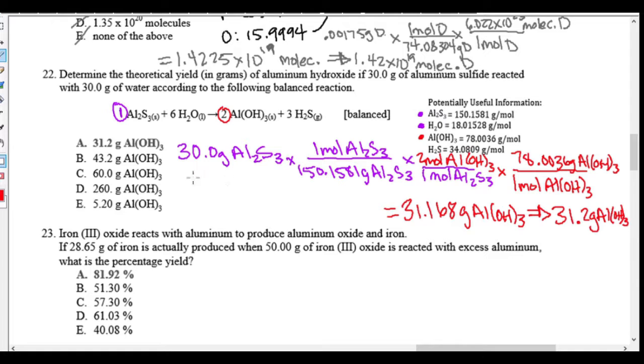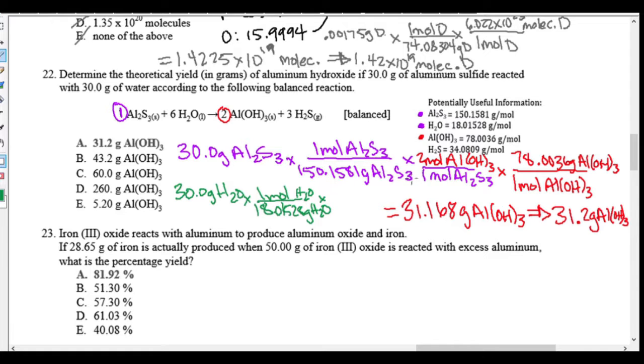What would change is this would say 30.0 grams of H2O, 18.0158 grams of H2O, or 1 mole H2O.